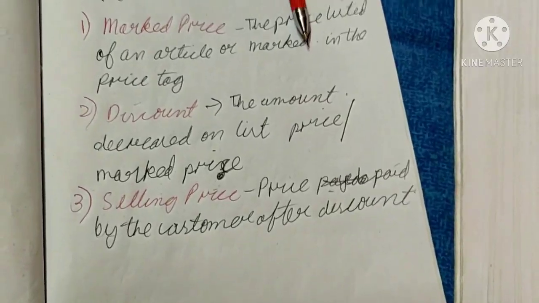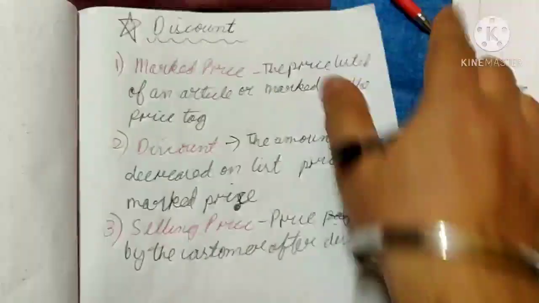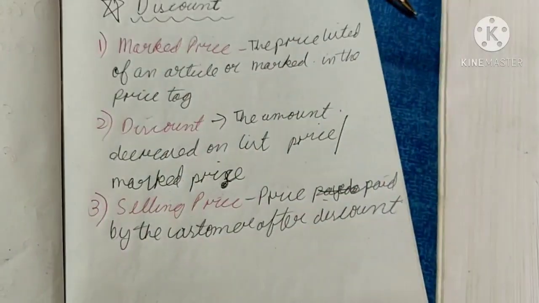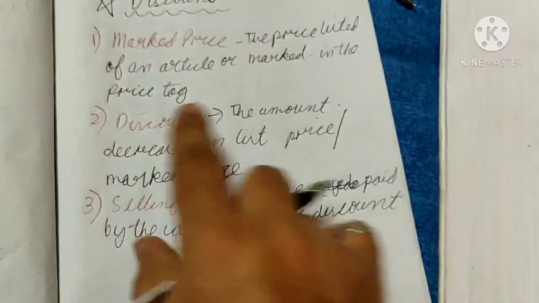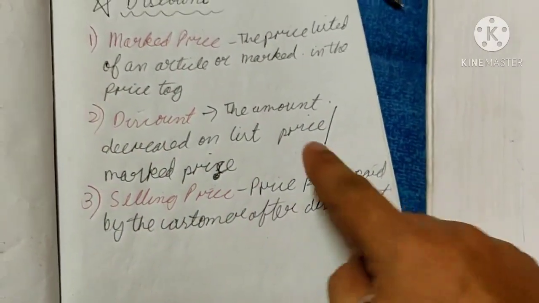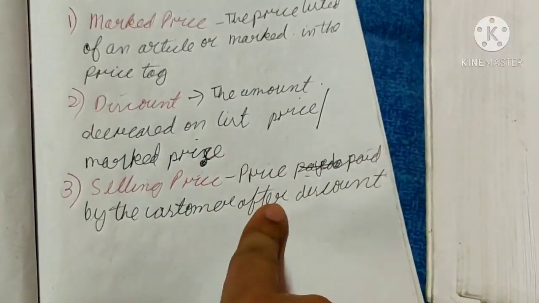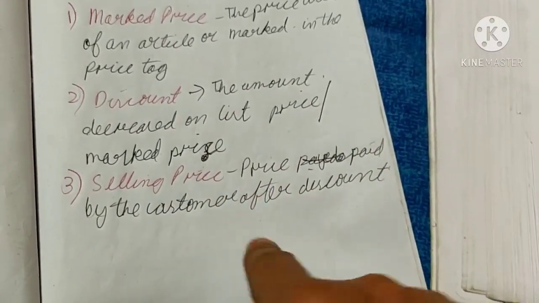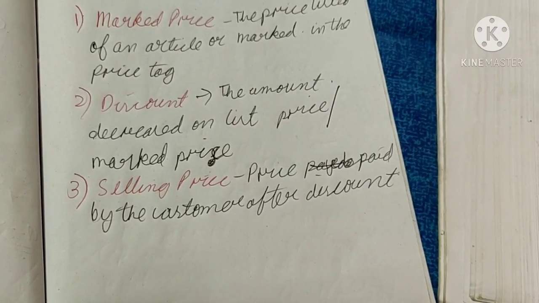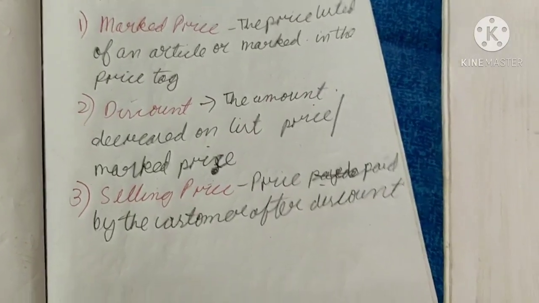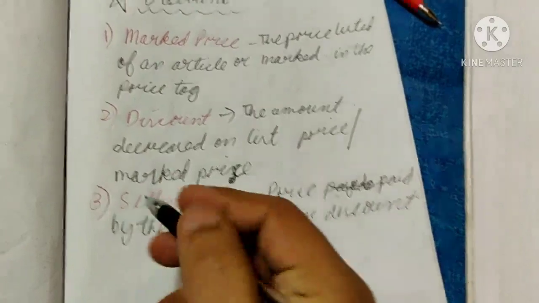So there is a price at which the product is marked and the shopkeeper offers some discount, and after the discount the customer pays a decreased amount, a decreased price of that product, of that article. So this is SP. So these were the three terms used in this.